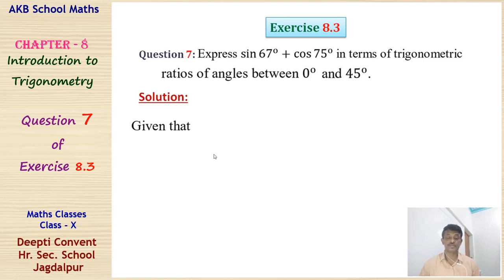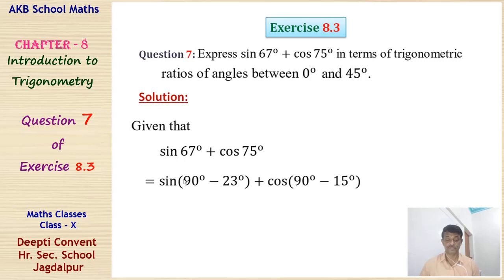So given the expression sin 67 plus cos 75, here both ratios are different, but we are trying to reduce the angles so that each angle will be less than 45 and greater than 0. That means 67 can be written as 90 minus 23, and 75 as 90 minus 15.